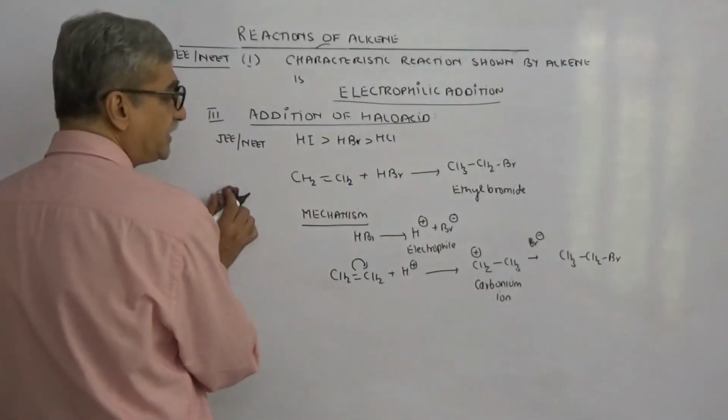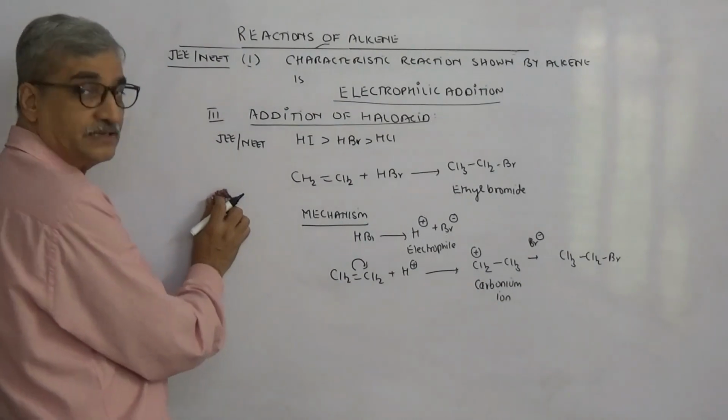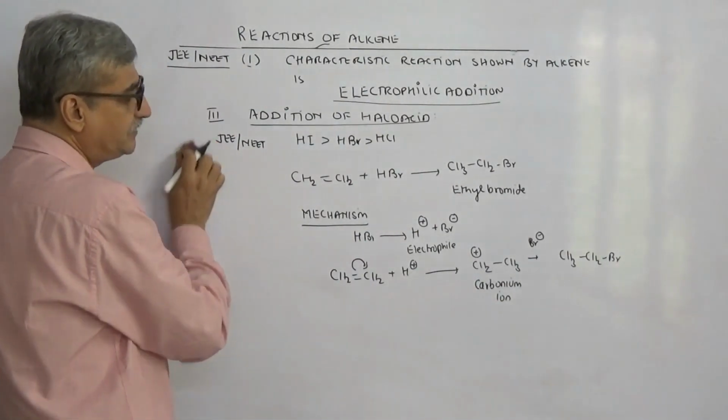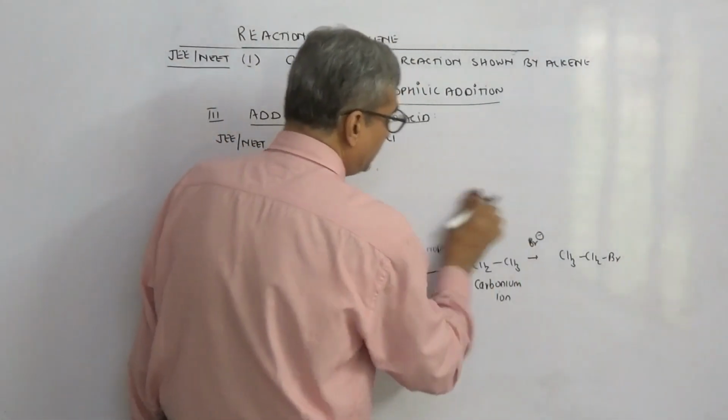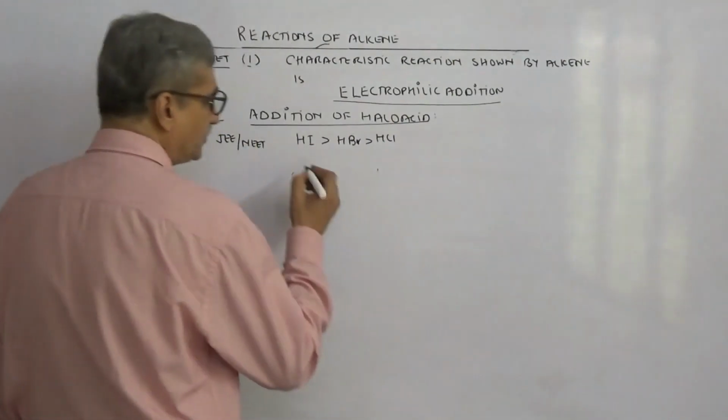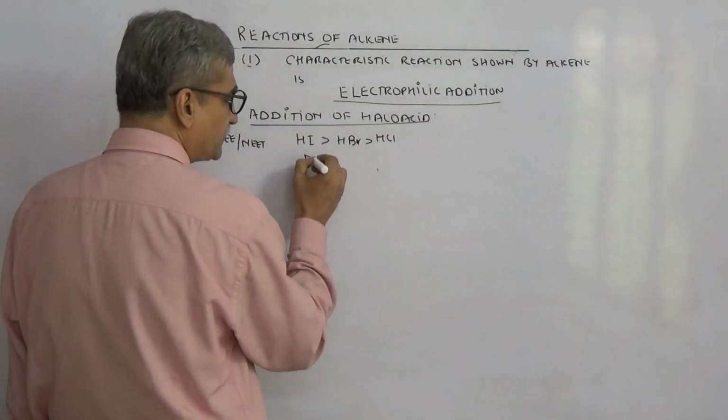Now I have been considering a symmetrical alkene over here. What happens in the case of an unsymmetrical alkene? In the case of an unsymmetrical alkene, we have what we call Markovnikov's rule to follow. So, what is Markovnikov's rule?